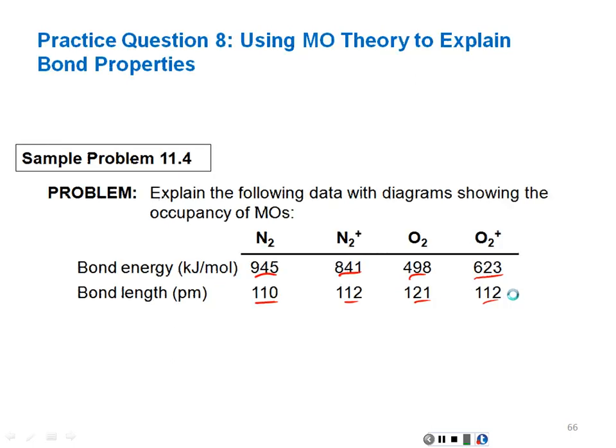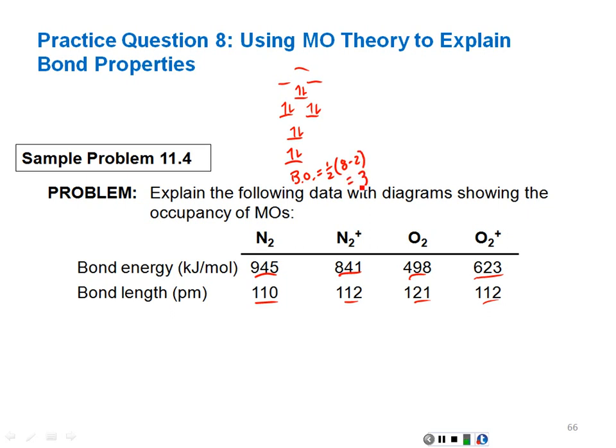So if we used molecular orbitals, this would be for the N2 and the N2 plus. So N2 has a bond order of 1/2 times 8 minus 2.